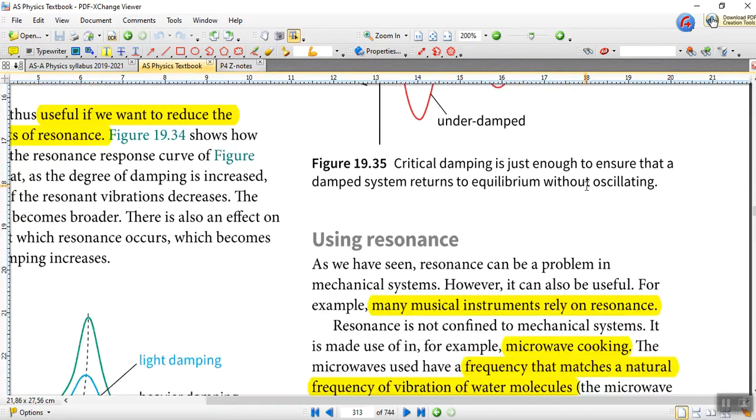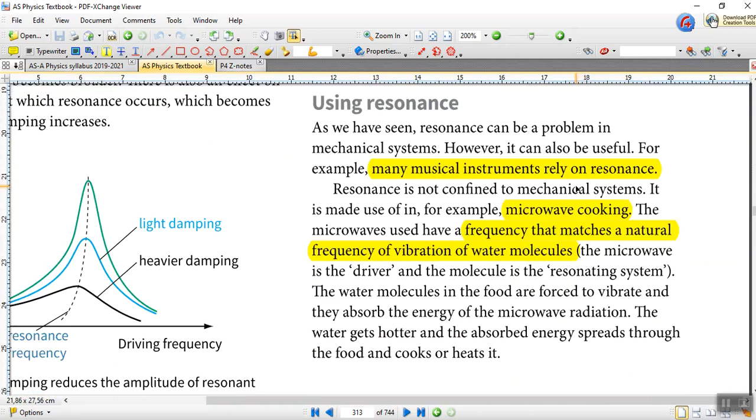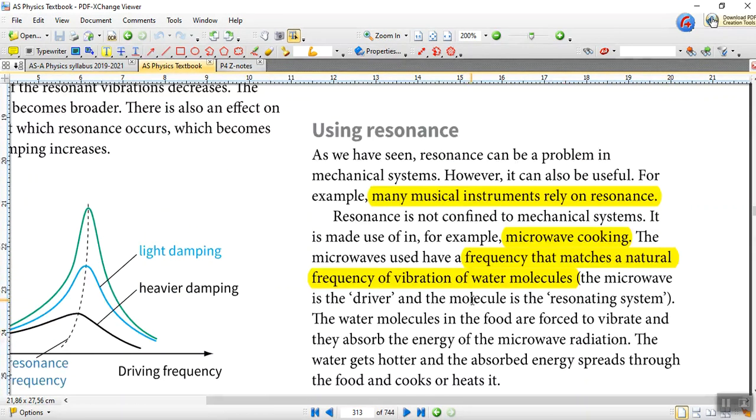Okay, so we use resonance in a lot of places. We use it in musical instruments. We use it in microwaves, where the frequency of the microwave oven matches the natural frequency of the water molecules in the food. So we make the water molecules move uncontrollably, so they absorb the energy and therefore heat up the food.